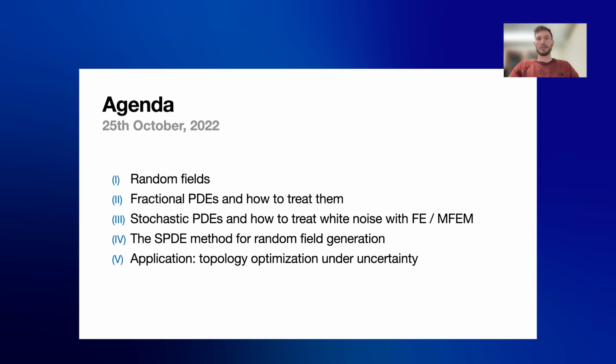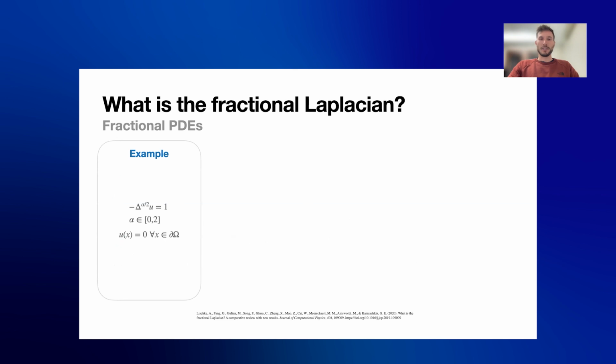But let's move to the fractional PDEs. Fractional PDEs, it's a wonderful field. It's a deep field. There's a lot of theory that we could cite here, but we want to keep it super basic. So we want to stick with the fractional Laplacian and the Laplace equation for the fractional operator. Before starting, I would like to explain why we actually think about those things if we talk about random fields.